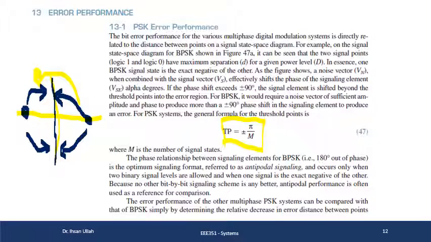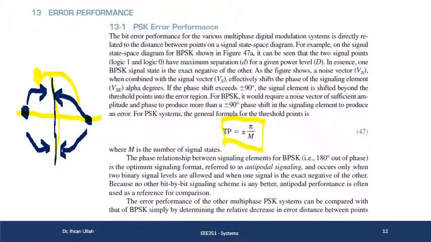Now the phase relationship between signaling elements for BPSK is 180 degrees out of phase. This is the optimum signal format and we call it antipodal signaling. It occurs when the two binary signal levels are such that one signal is exactly 180 degrees of the other, or negative.